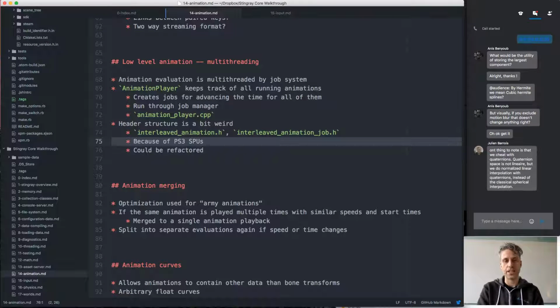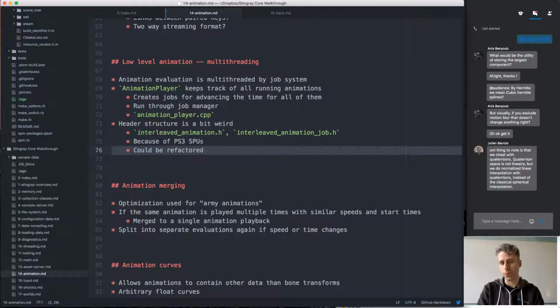So we needed to break out just as little as was needed by the SPU job, and put those things in separate header files and separate CPP files. So that's why we have this kind of weird structure.